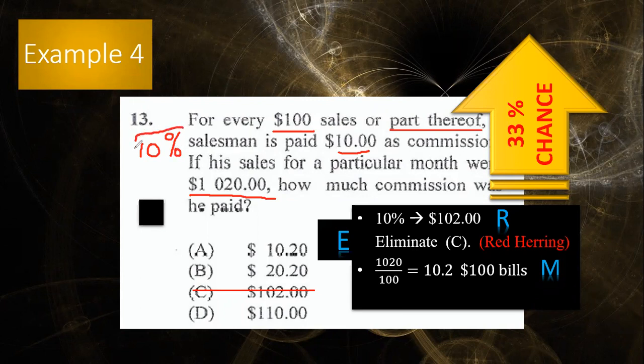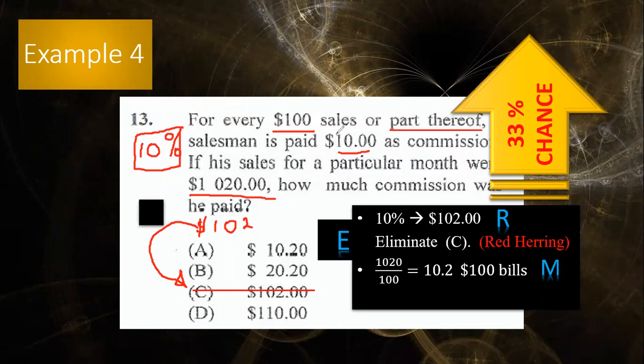And that's actually a popular commission rate as well, right? And you may find 10% of 1,020, and 10% of 1,020 is $102. Okay, and immediately you'll go to C, but that's incorrect because it doesn't say $10 for every $100 only.